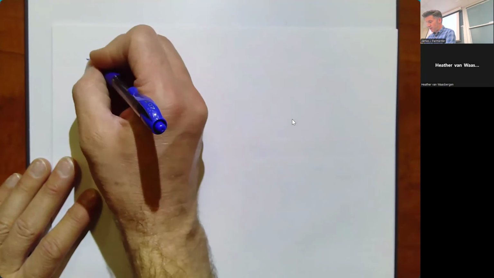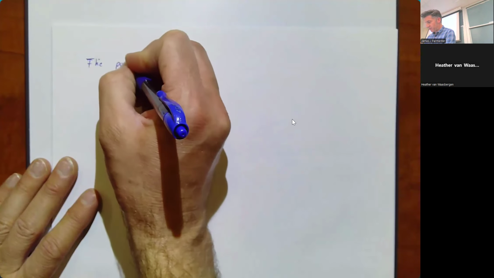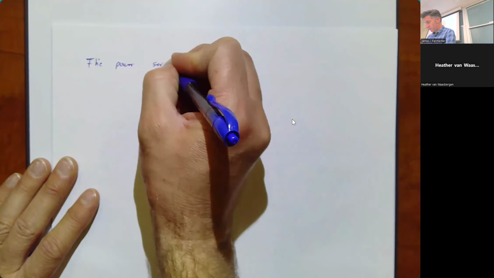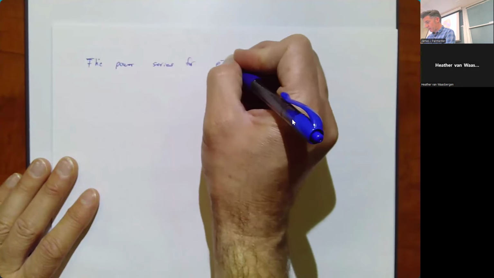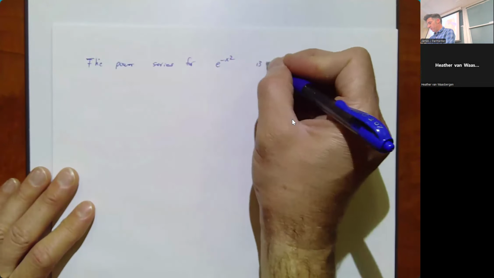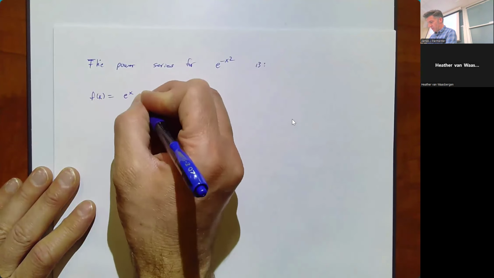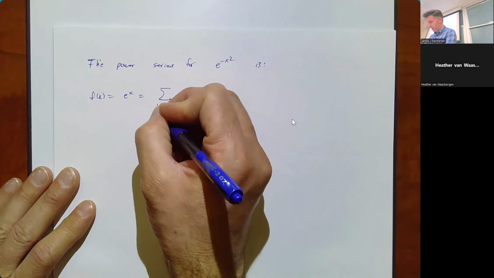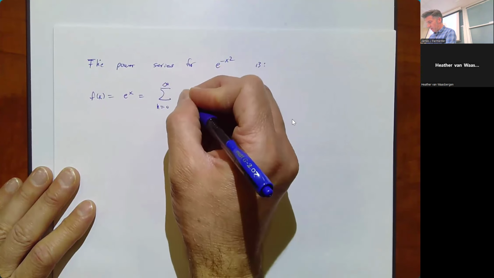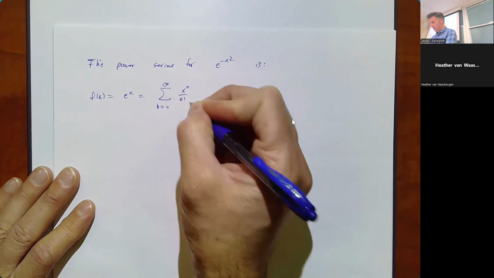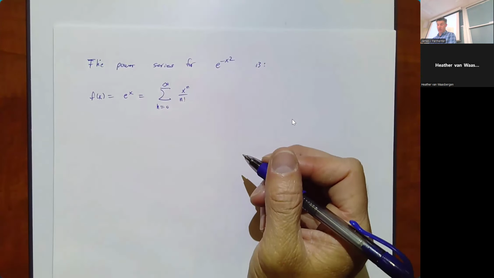The power series for e to the x is the sum from n equals 0 to infinity of x to the n over n factorial. And we basically just replace the x with negative x squared.